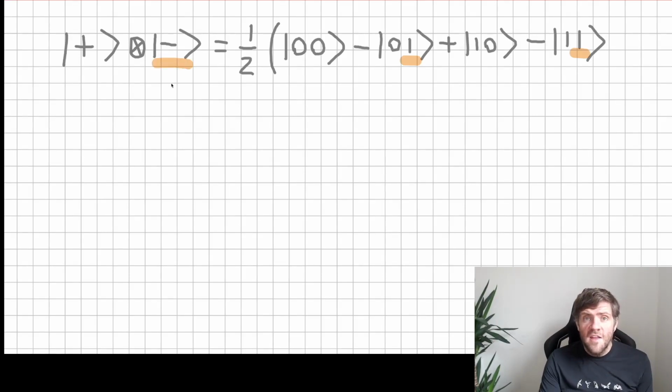Now we're going to look at cases where we have controlled knots which are controlled on this qubit and targeted on this qubit, and that is the opposite of the examples that you will see in the textbook. And the reason why we're taking the opposite of the textbook is because controlled knots do go both way round, so it is important to see them both way round.